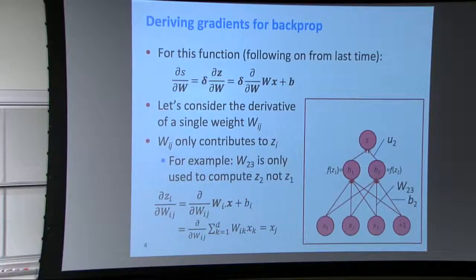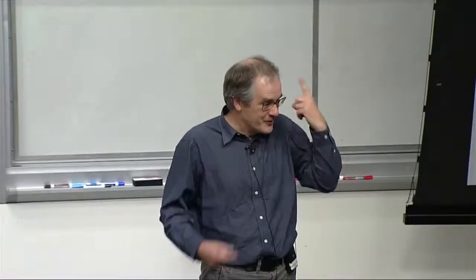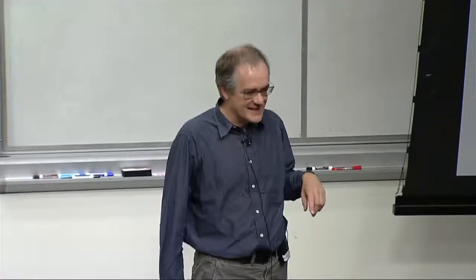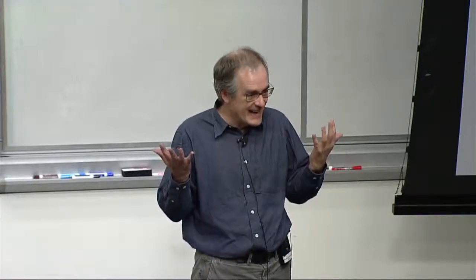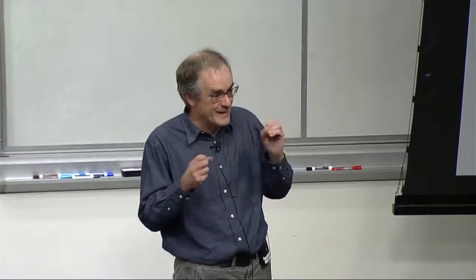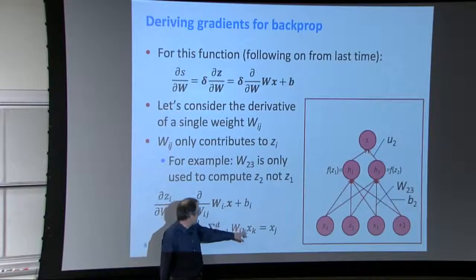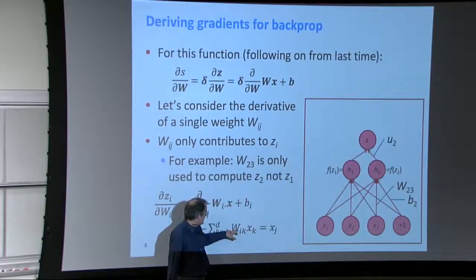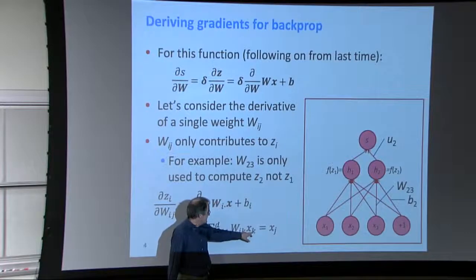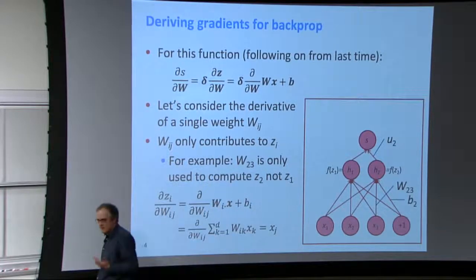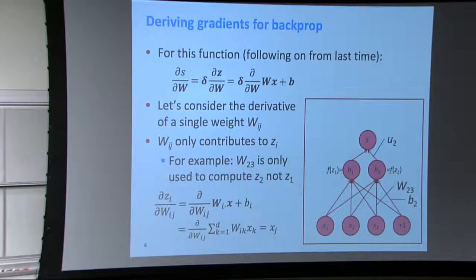In terms of basic one-variable differentiation, it's just like we have 3w, and what's the derivative of 3w with respect to w? It's 3, right? So we have a term W_ij times x_j, and its derivative with respect to W_ij is just x_j.